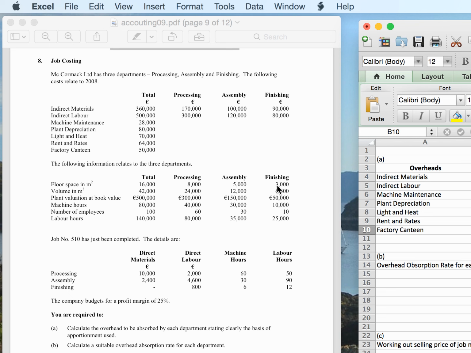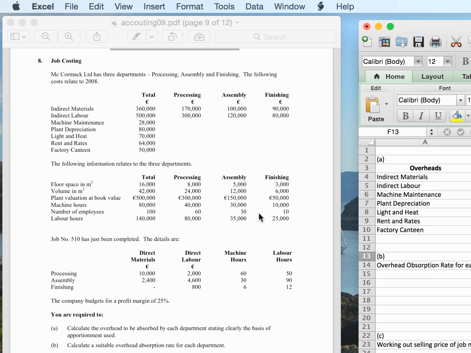Factory canteen, will that be based on the number of employees? So we have 60, 30 and 10. So it'll be the overheads times 60%, the overheads times 30%, and the overheads times 10%.